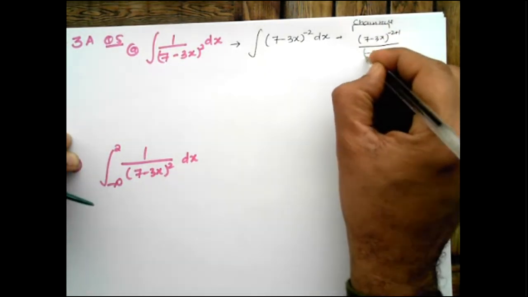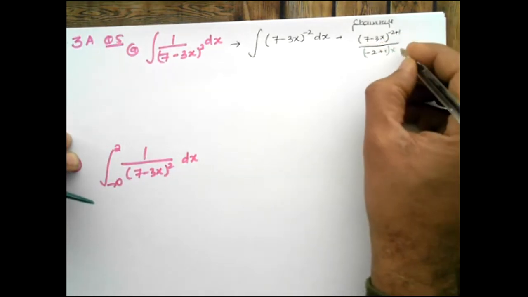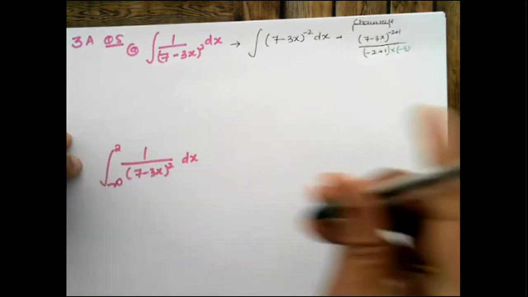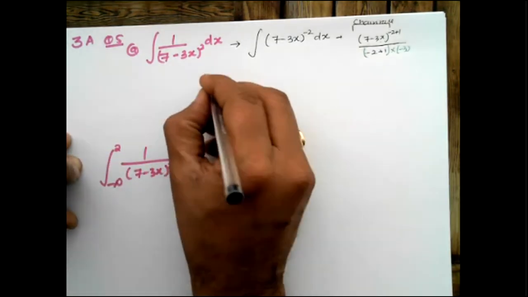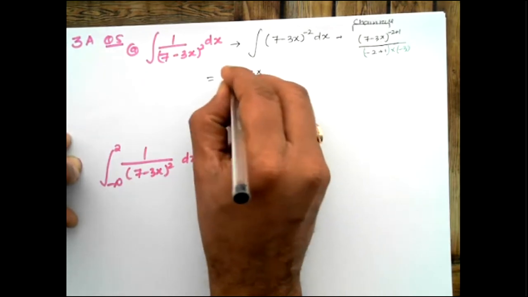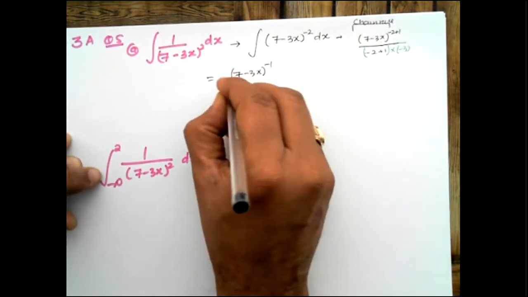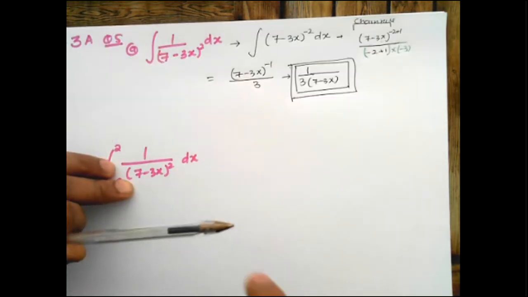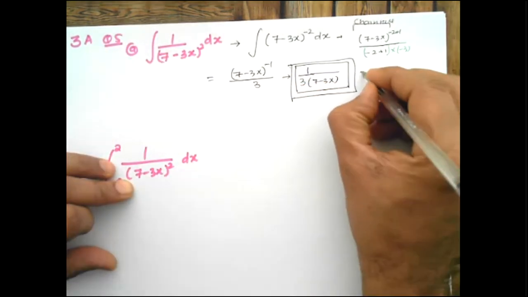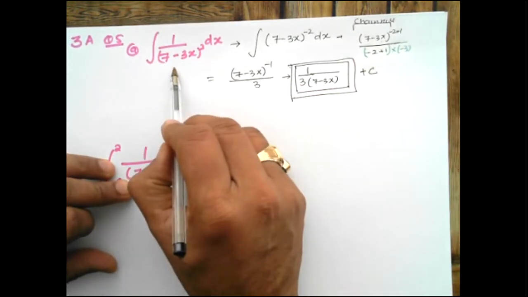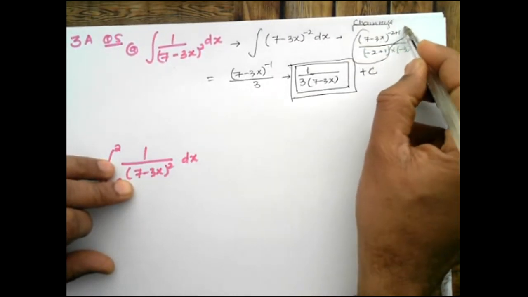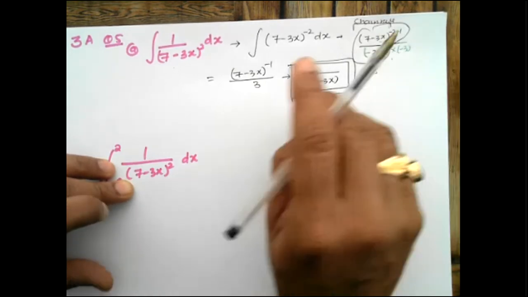We have to divide this function by the differentiation of that, which is negative 3. So the final thing is 7 minus 3x raised to the power minus 1, and obviously this plus c. That's how we integrate this function, guys. Reverse of chain rule. Use the power rule first, then divide the answer by the differentiation of the function, because it's not just x.